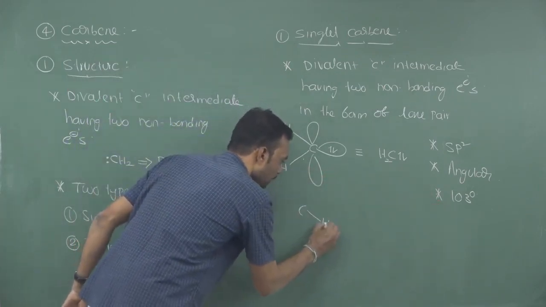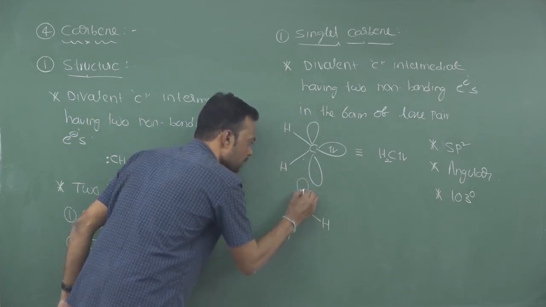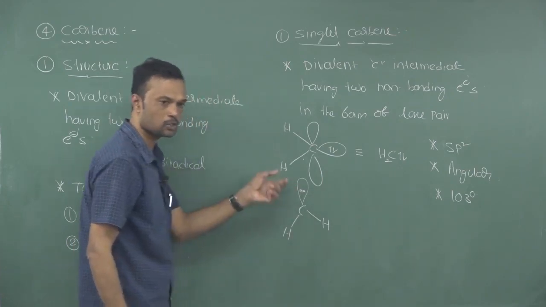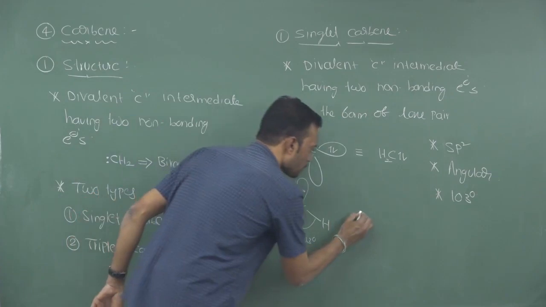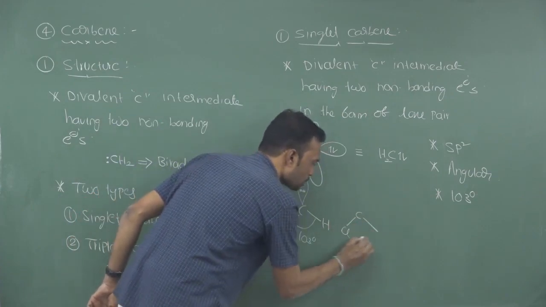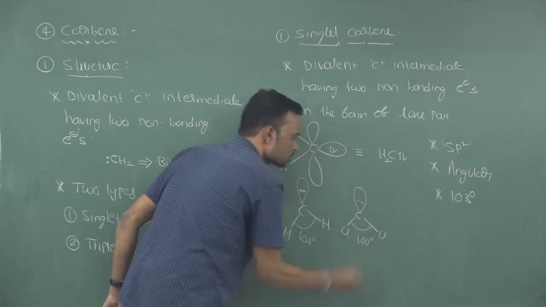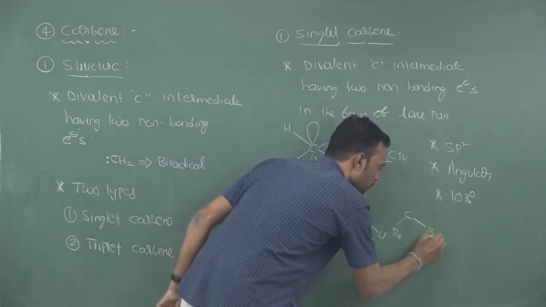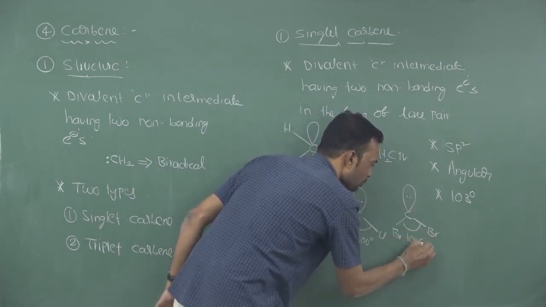Suppose carbon carries two hydrogens and here I am writing a lone pair like this. What kind of spins do they have? Opposite spin. Now the angle expected here is 103. Suppose if these hydrogens are replaced by chlorine, now the angle is 100 degrees. If chlorines are replaced by bromine, now the angle is 104.